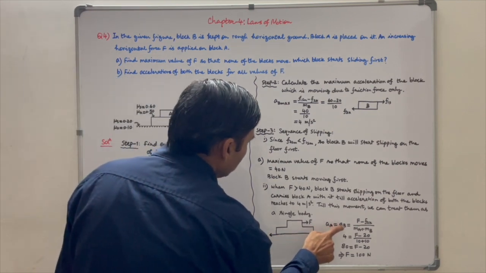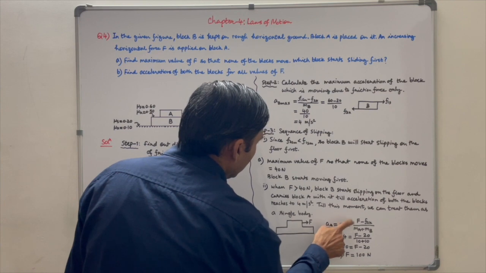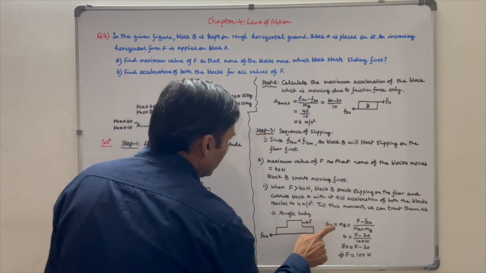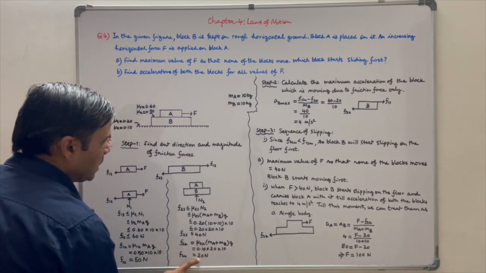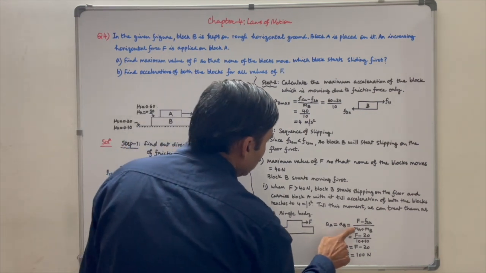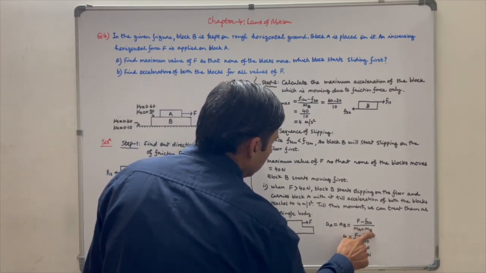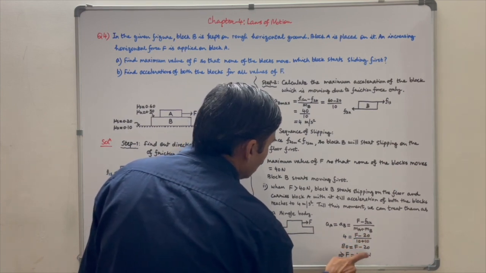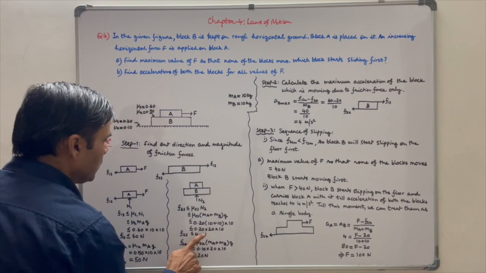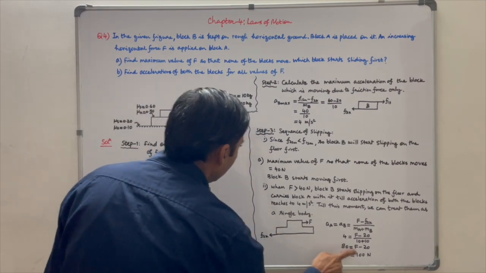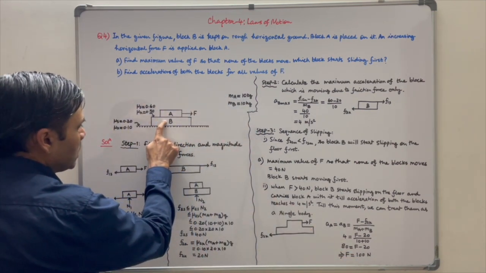So AA is equal to AB is equal to F minus F2K upon MA plus MB. Value of F2K is equal to 20 Newton. MA is equal to MB is equal to 10 kg. So F is equal to 100 Newton. That means when value of F is between 40 Newton to 100 Newton, blocks are moving together.